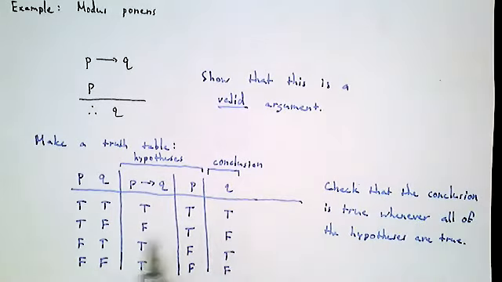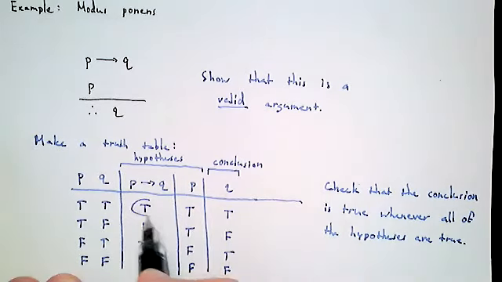So which rows correspond to all of the hypotheses being true? The first one. Right, just the first row.